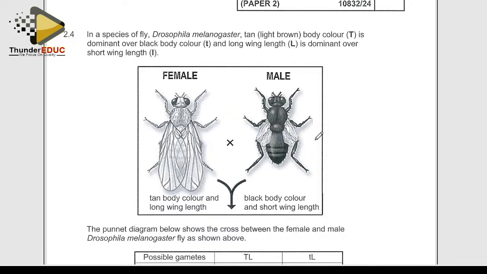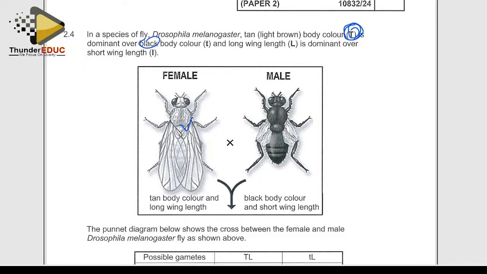Question 2.4. They're saying that in these species of fly, Drosophila melanogaster, which we call the fruit flies, light brown body color is dominant over black.